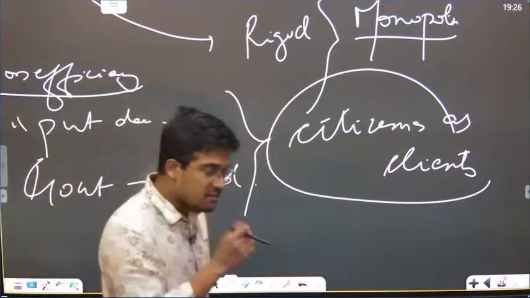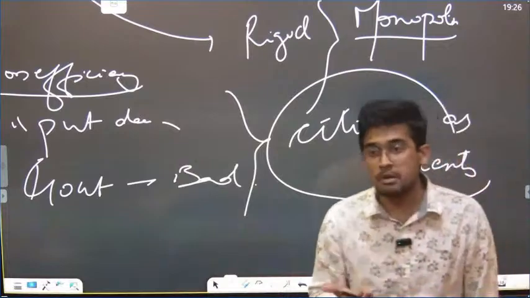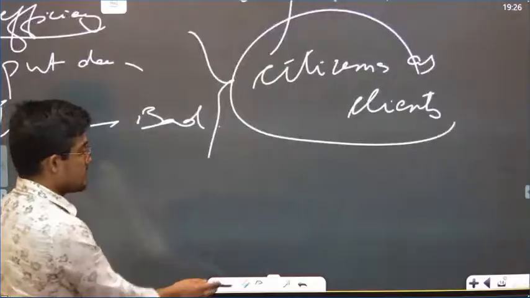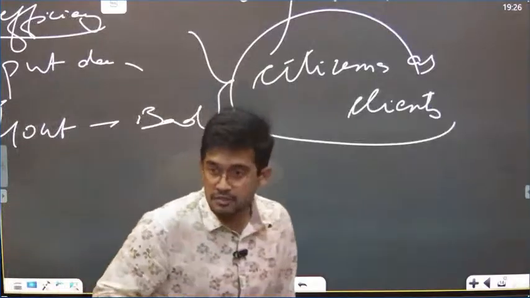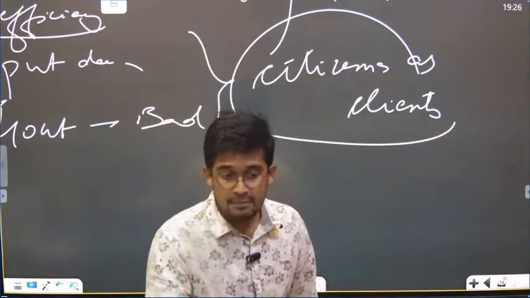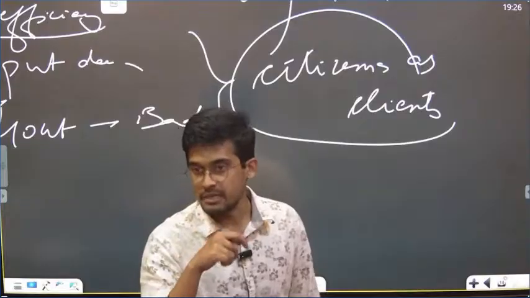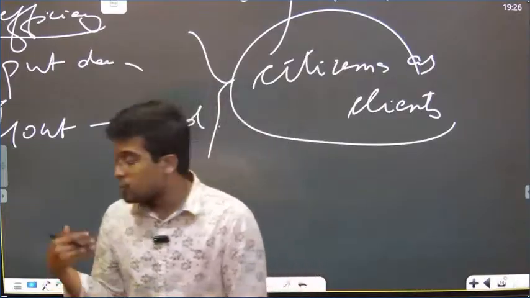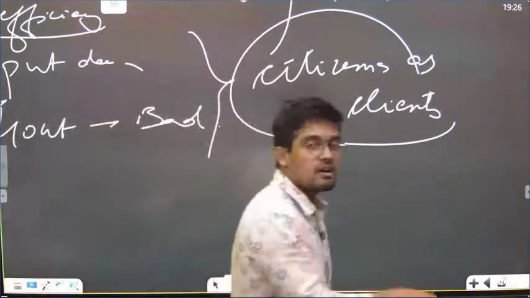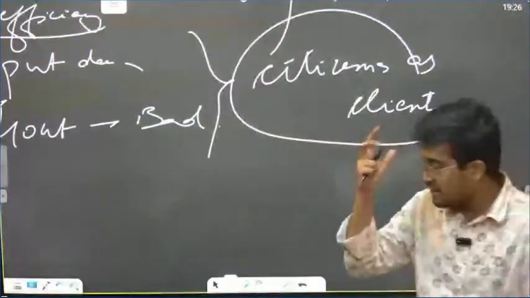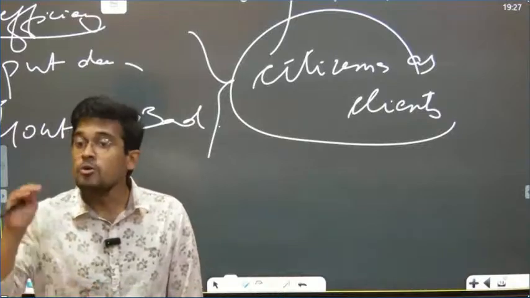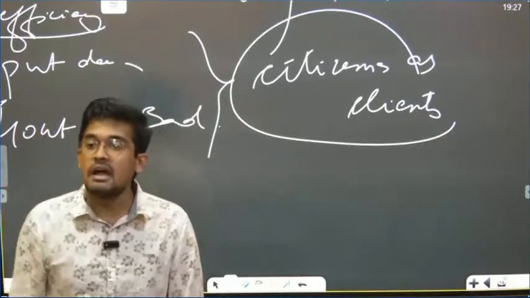Treating governance as a market activity is a problem, because it overlooks administrators and politicians who are there to reform things. Administrators like TN Seshan and E Sridharan are there to deliver goods and services, who want to actually reform the way government works. They want to change and they keep public interest at the top. A lot of politicians do that. So public choice approach ignores these attitudes of government.